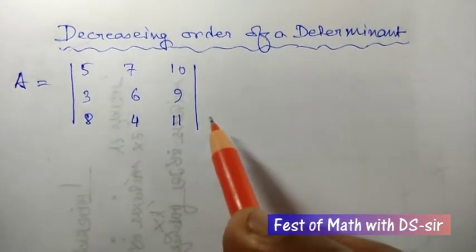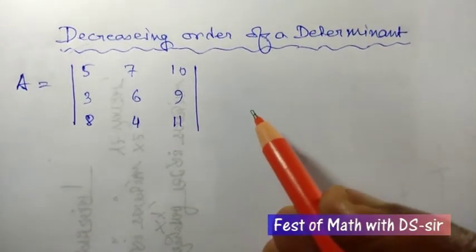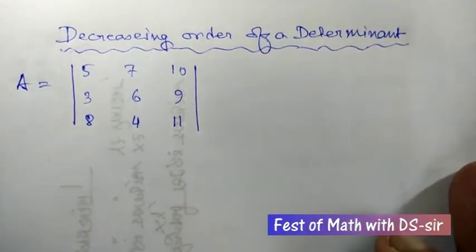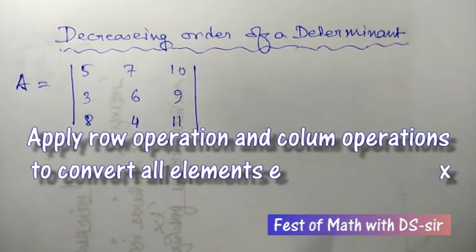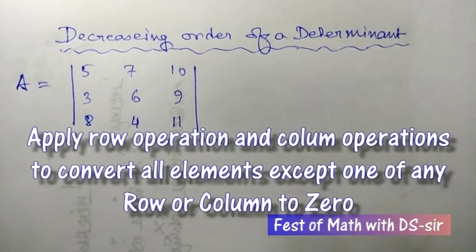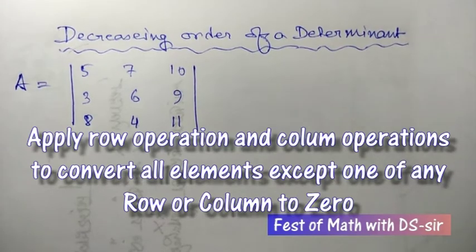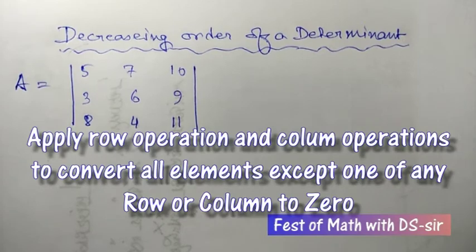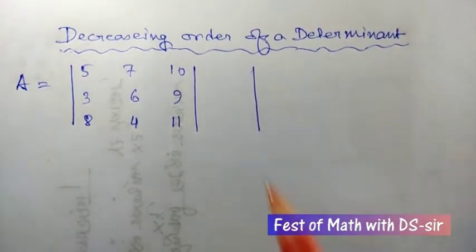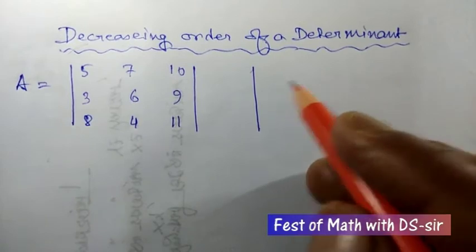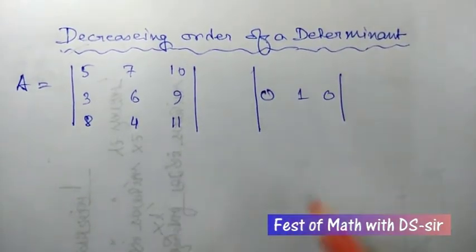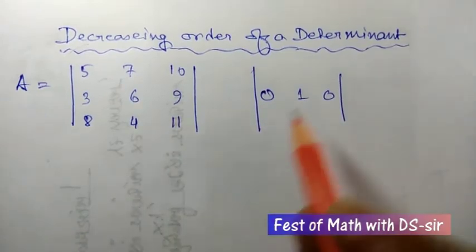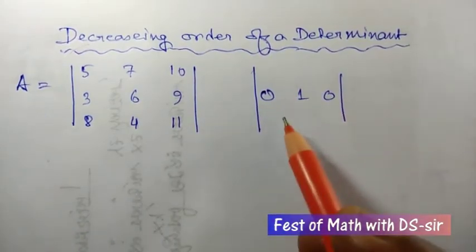To decrease the order of a determinant, I will convert any row or column into a form in which the row or column contains a single non-zero element. That is, say the second row may look like 0, 1, 0, or 0, 5, 0, or 0, non-zero. Not necessarily 1.